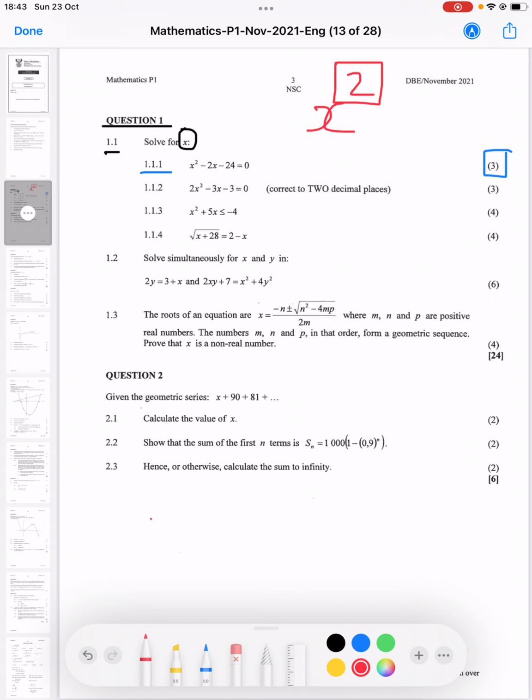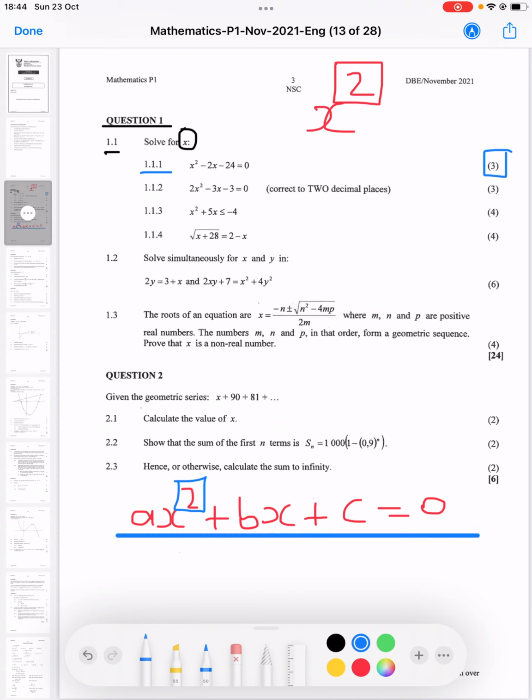This is the format that we know: ax squared plus bx plus c equals 0. Once we have that power of 2, we need to rewrite the given equation in this format. Once you've written it in that format, that's when you can factorize or find the factors.